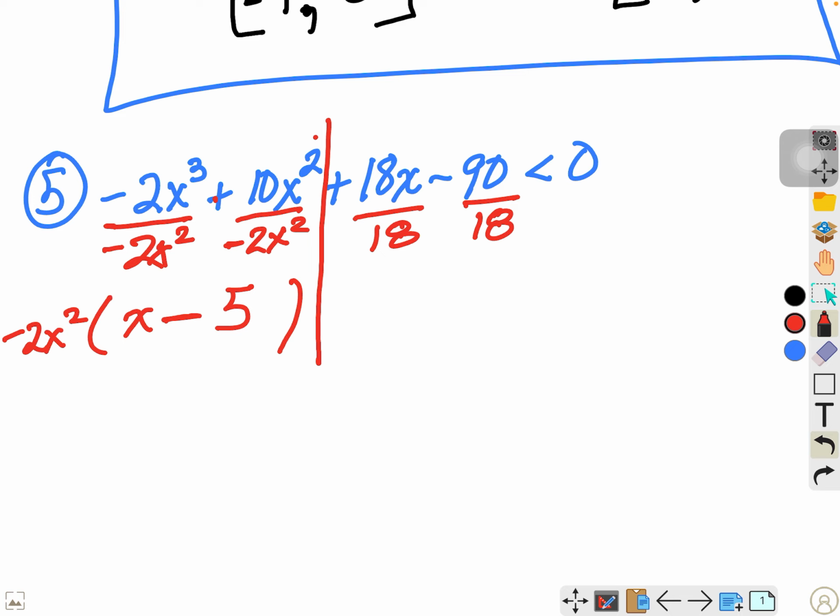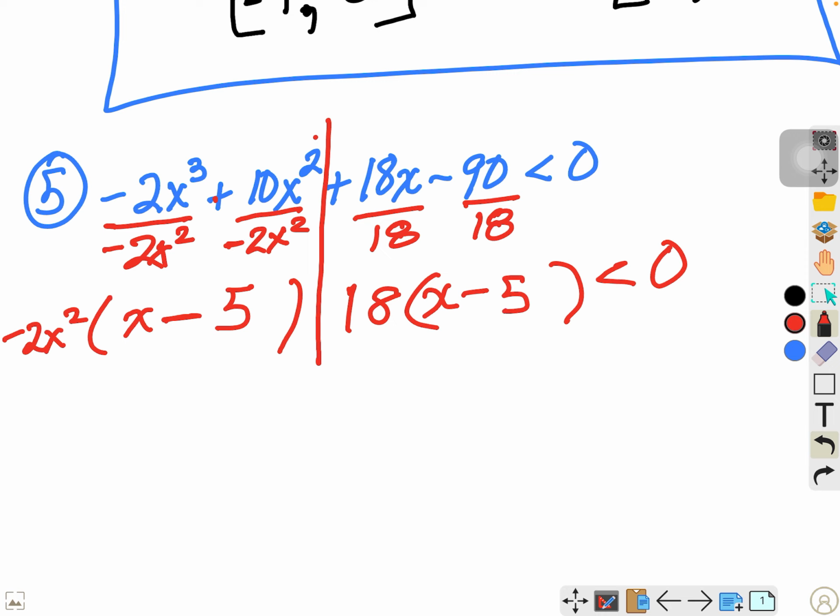So I'm hoping when I factor out the 18 from both terms that I'm going to get x minus 5. And I want to go ahead with my record keeping and bring down the less than 0. So 18 divided by 18 is 1x, or simply x, minus 90 divided by 18 is 5.